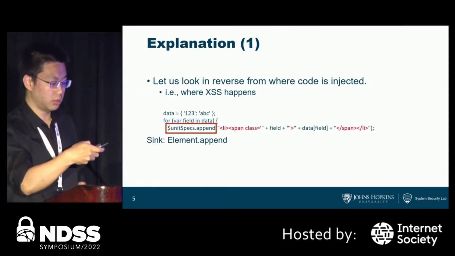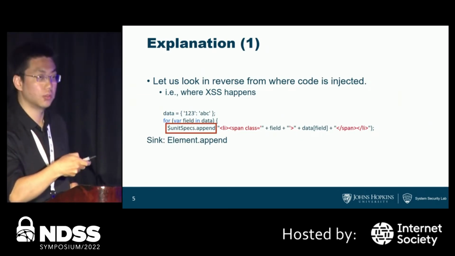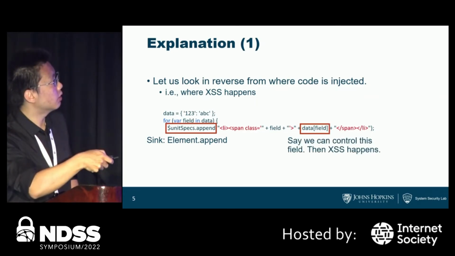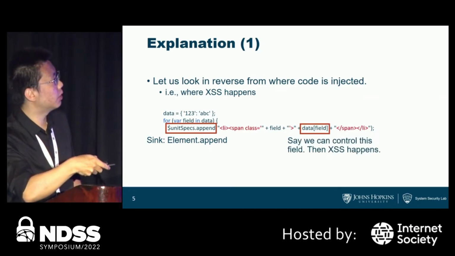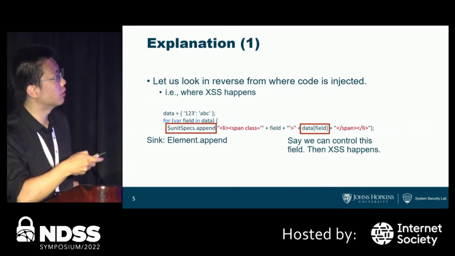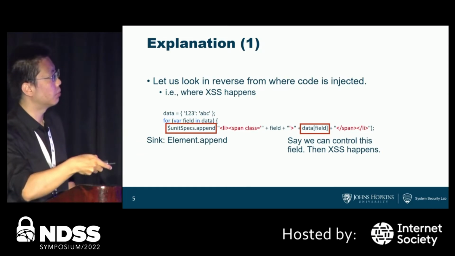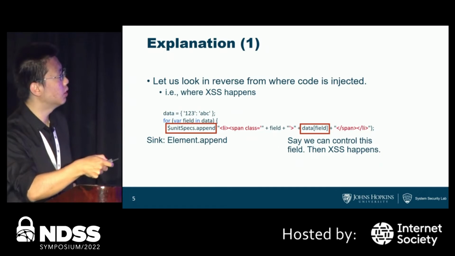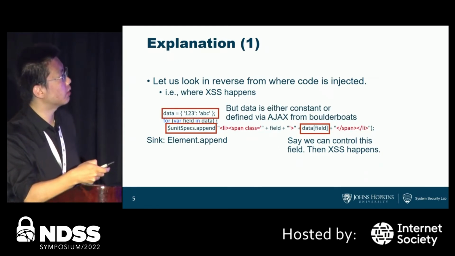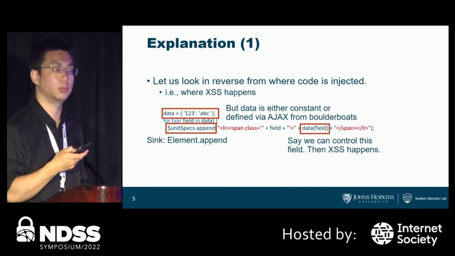Then a cross-site scripting sink function, element.append, will be called. Then it will append all of the data[field] code into the DOM. So say that we can control this field, then cross-site scripting happens, because the malicious code can be appended to the DOM. However, the object data here is either constant or defined via AJAX from borderboats.